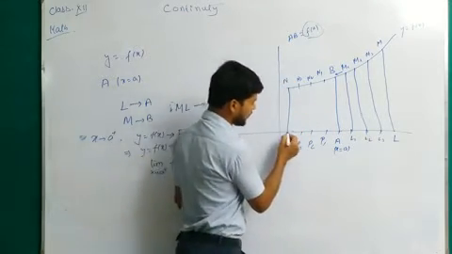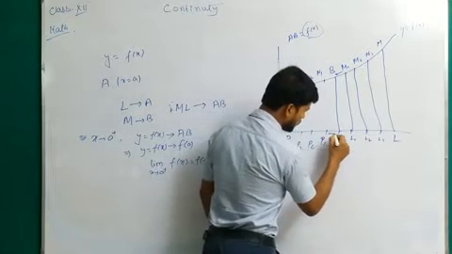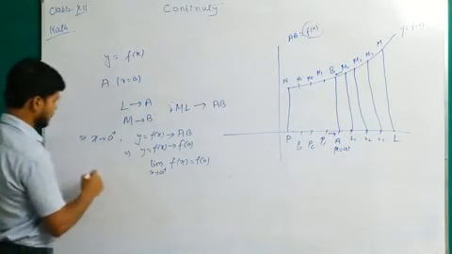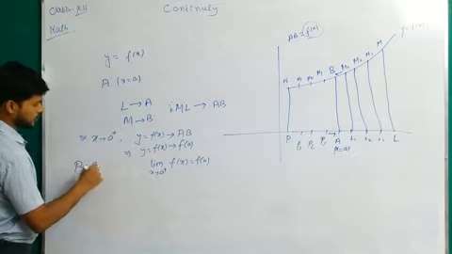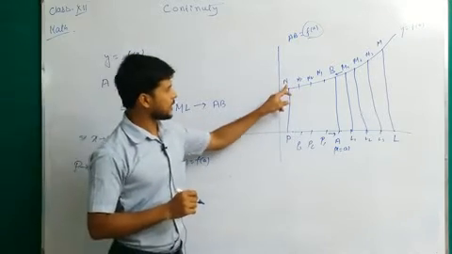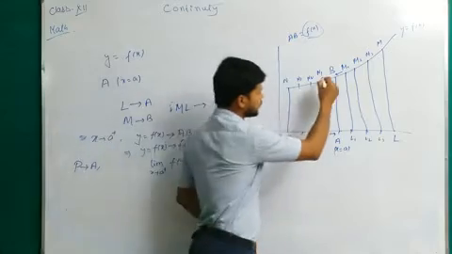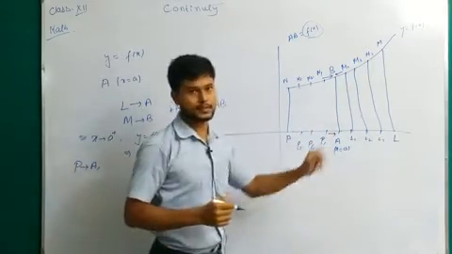So when P tends to the point A, similarly the point N on the graph will tend to the point B from the left hand side.